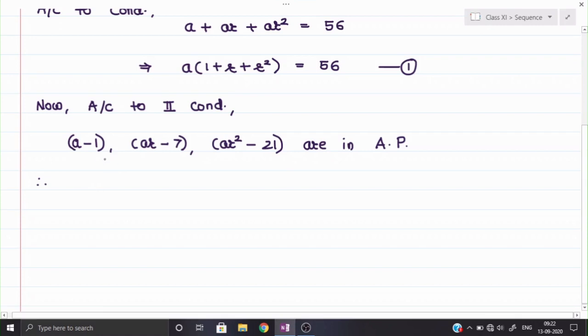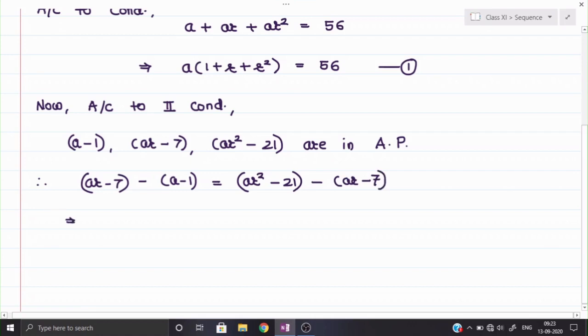If you subtract the first number from the second, and the second from the third, the difference will always be the same. So I will write AR minus 7 minus (A minus 1) would be equal to AR square minus 21 minus (AR minus 7). Okay, now let us simplify this one.